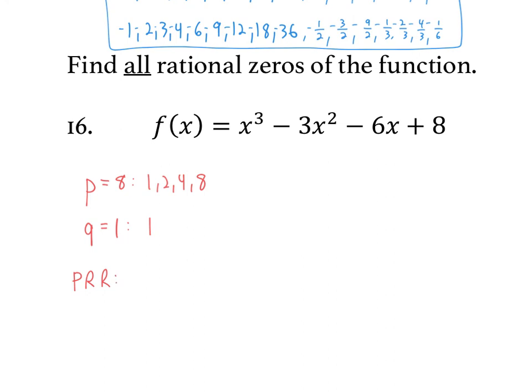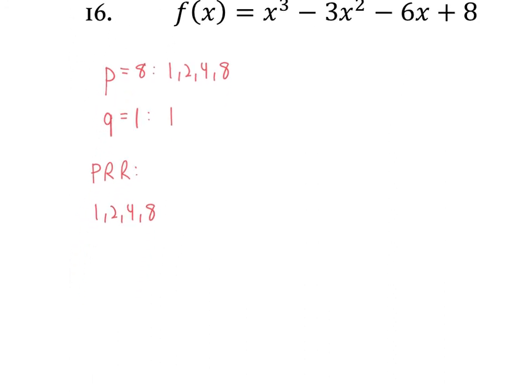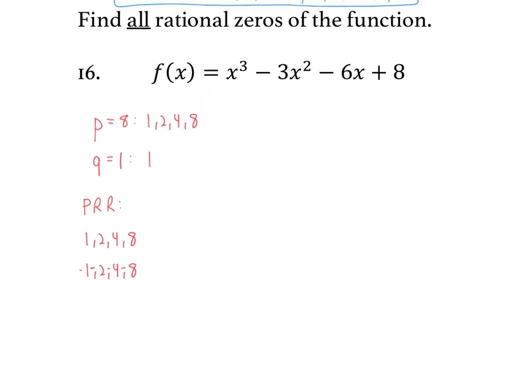Basically, you're just taking each of these and dividing by 1, so you'll just get those back. Okay, and then you'll just get the same thing, but negative. Okay, and that's not the answer, but we'll use that to help us get the answer.